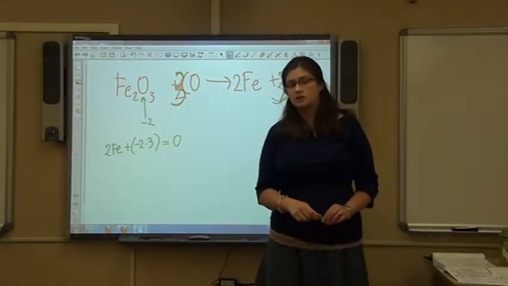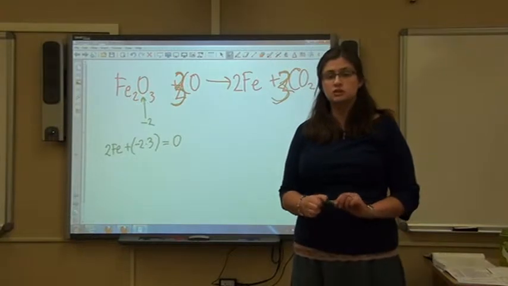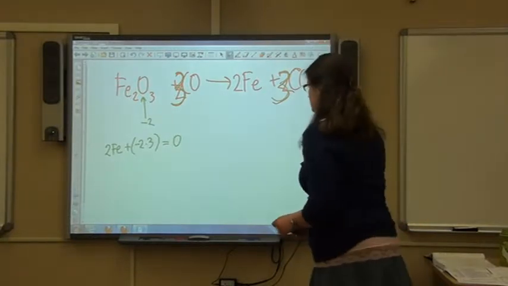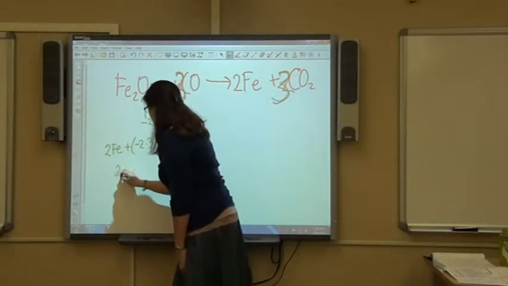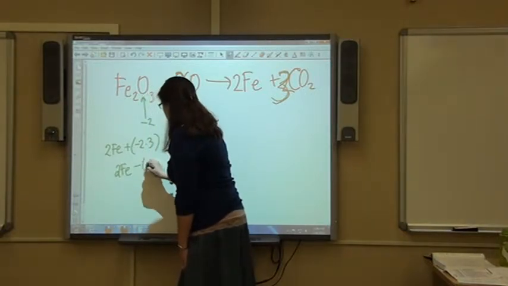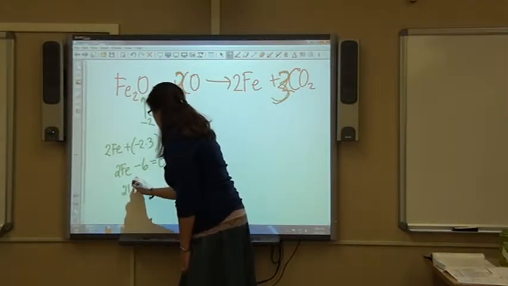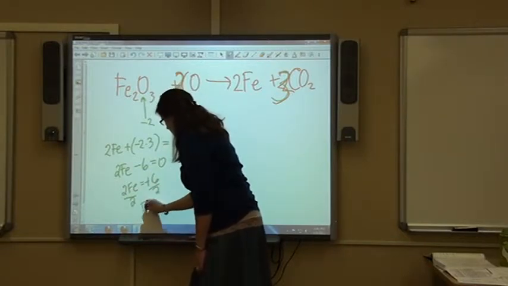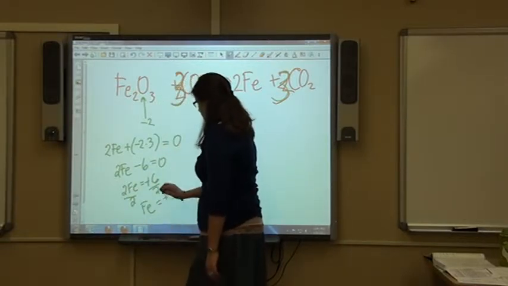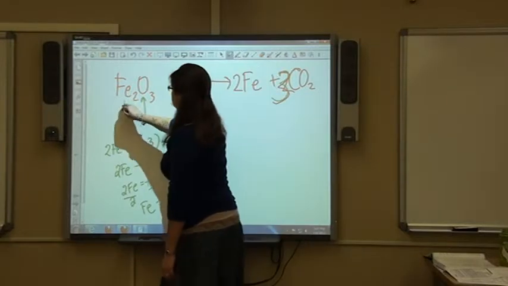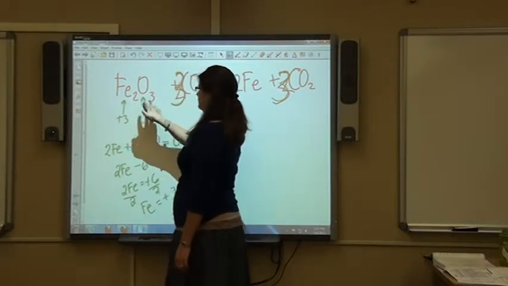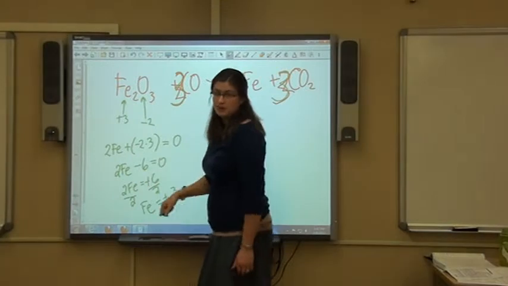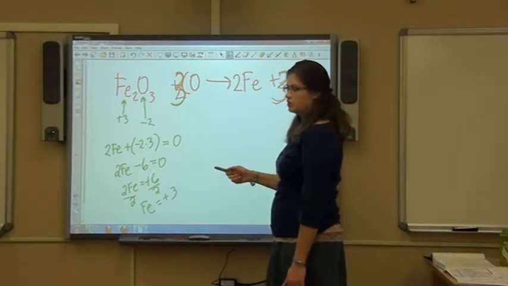We have a compound that doesn't have a charge, therefore it's neutrally charged 0. Okay, let's do the math here. Here, iron is equal to +3. Yes, you can just switch those numbers back. I just wanted to show you the algebra.